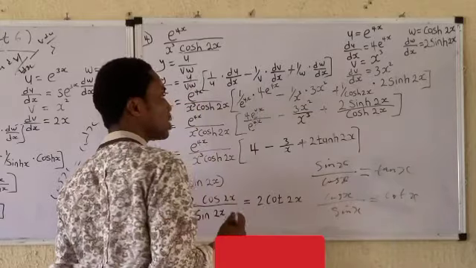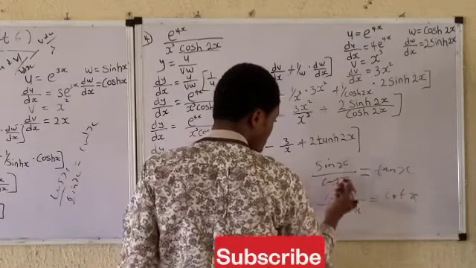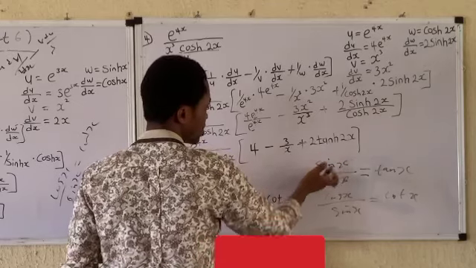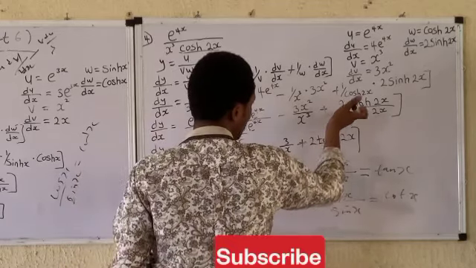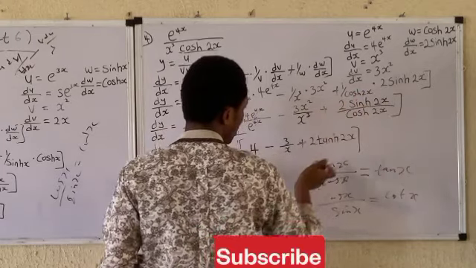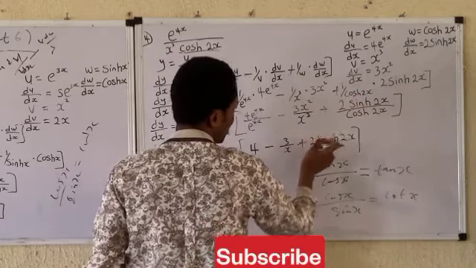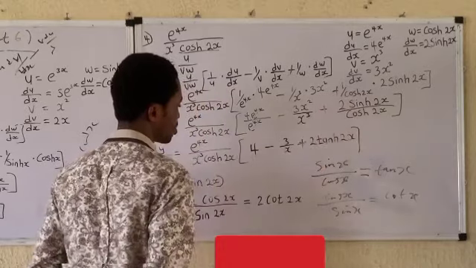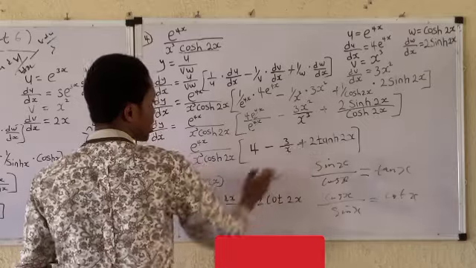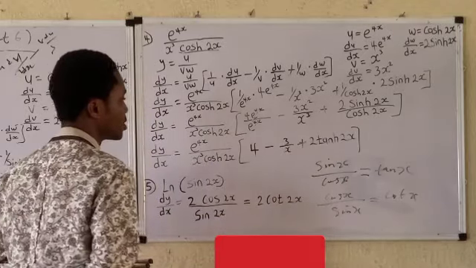So the same rule applies to this, whether it is cot or cos, or sine. Sin 2x over cos 2x will give us tan 2x. These two come here as well. So this is the final answer for this question. We arrive at our answer at this point. This is our final answer.